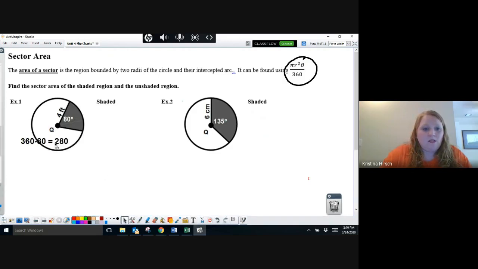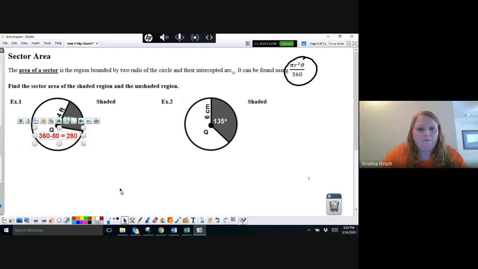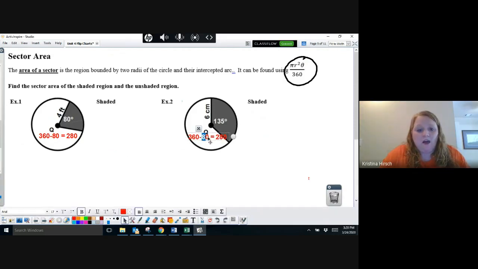Now, in the second example, for the unshaded we would subtract the 135 from 360, and we would get 225 degrees. That's where that is coming from.